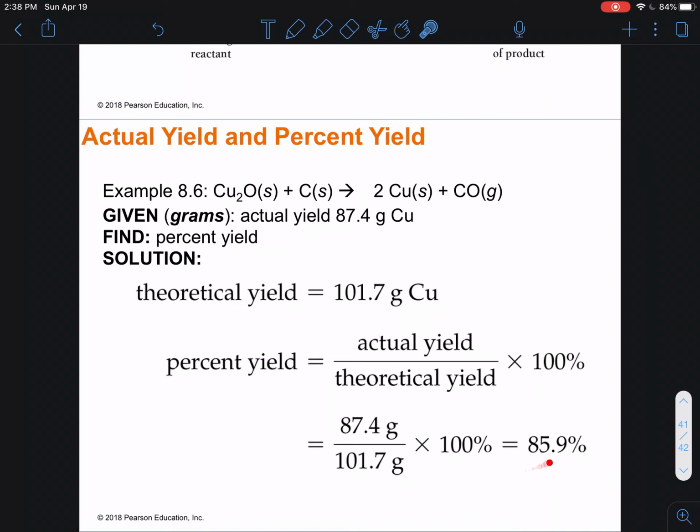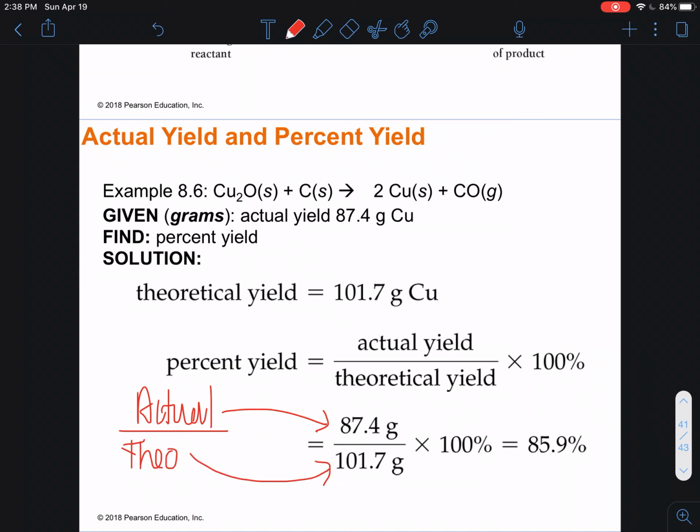To calculate the percent yield, you're going to take the actual over the theoretical again. So this is the actual, and this is the theoretical, which we already calculated. Take the ratio of the two and multiply by 100, and we end up with 85.9% as our percent yield.